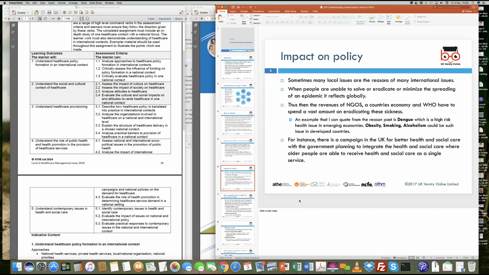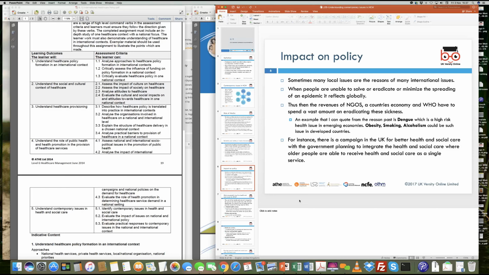Now, to give you an example, if there's an outbreak of a particular disease, for example, because there are excessive rains during the winter months, accumulation of water in some places can lead to the creation of, let's put it this way, the mosquito, or it can lead to dengue fever.